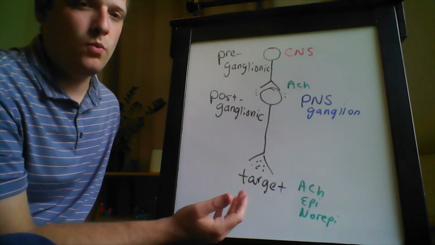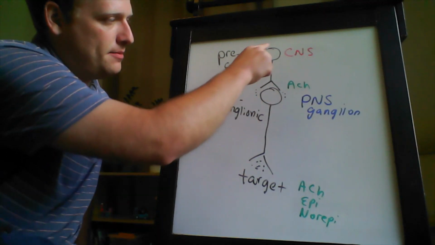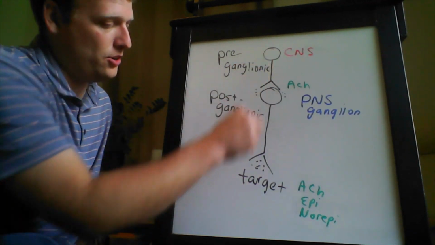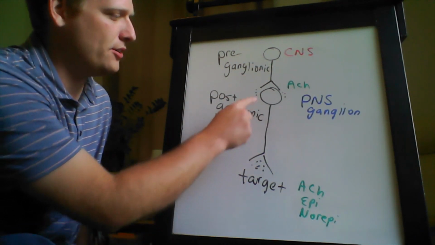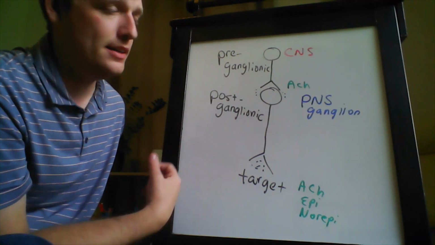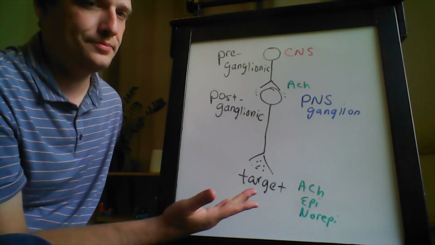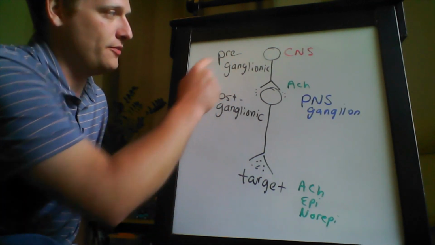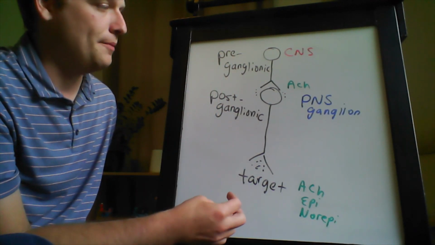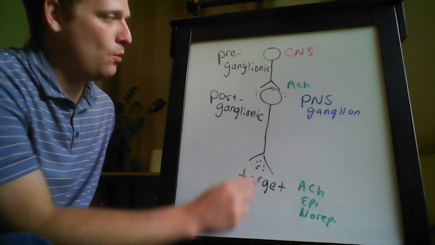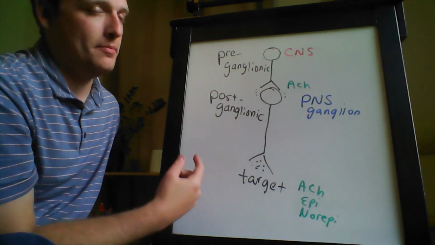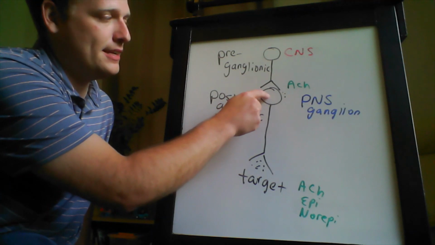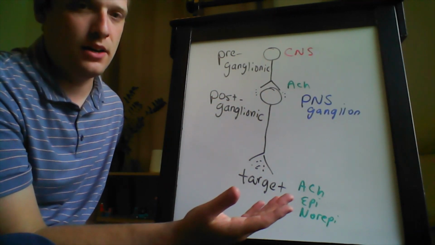And you might be saying, why doesn't the central nervous system send the signal directly to the target cell? Why is there a need for a postganglionic cell or neuron? And the answer for that is to save space in the central nervous system. So it's often the case that one central nervous system neuron can send a signal to many postganglionic neurons.